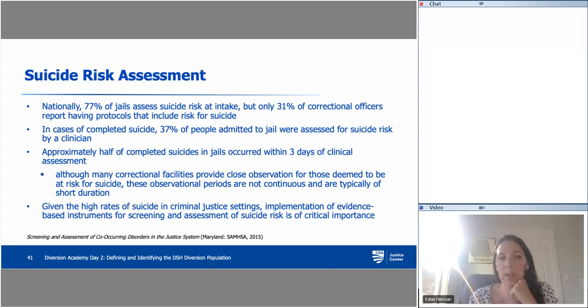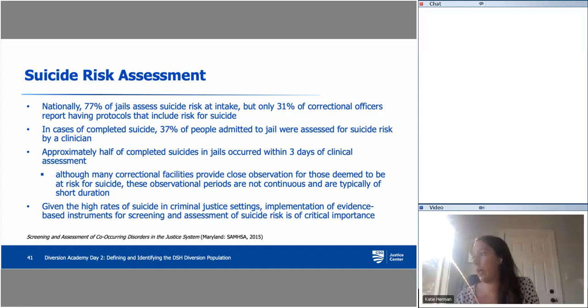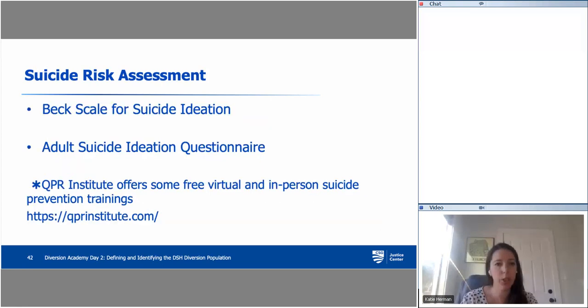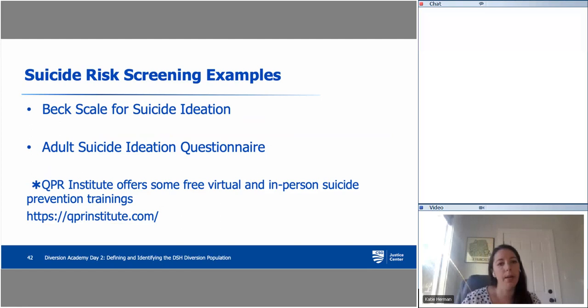Some of you may be following the news in New York City, especially. Rikers Island has had a lot of in-custody deaths in the last year, many of which have been deemed suicide. So there's a lot of attention, as there should be right now, on this issue. And here are some examples of suicide screenings: the Beck Scale for Suicide Ideation and the Adult Suicidal Ideation Questionnaire.